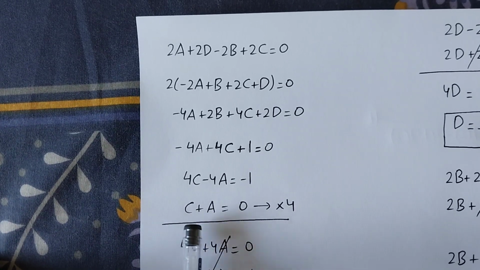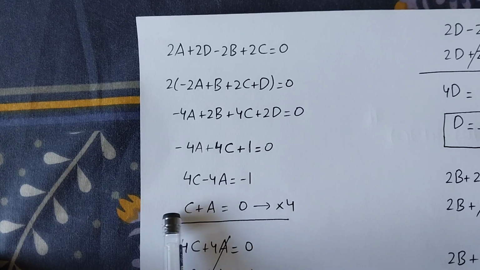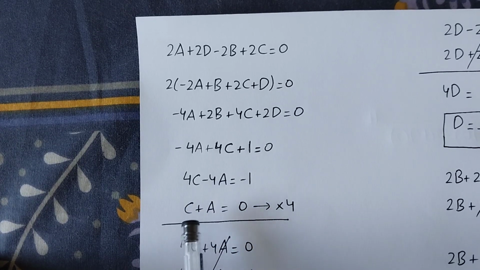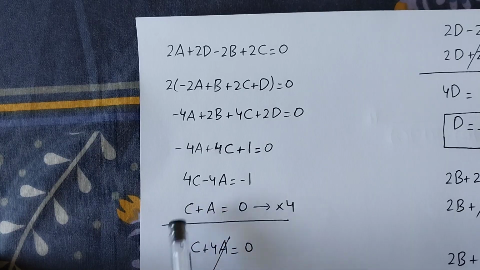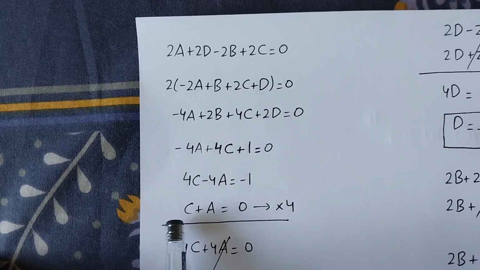In order for us to solve this pair of equations, we need to make the coefficients equal, and for that we need to multiply the second equation with 4. It will make the coefficients of c equal.